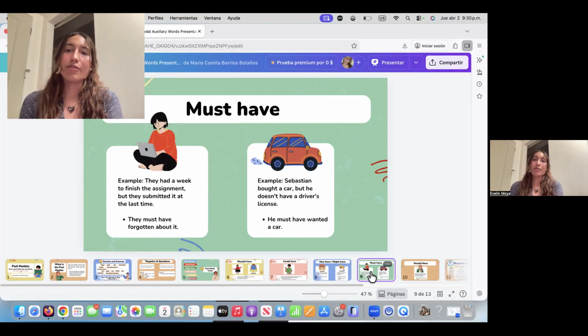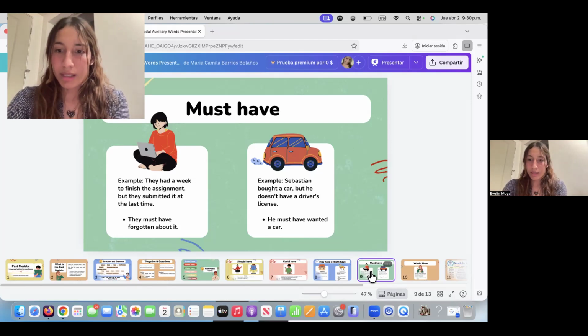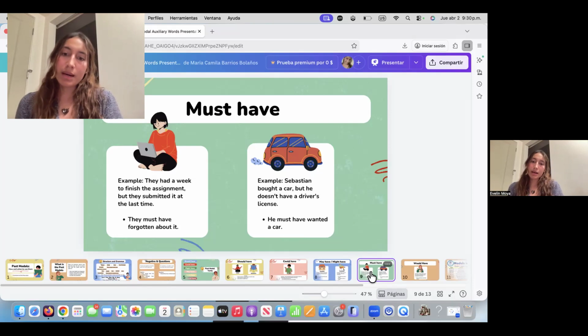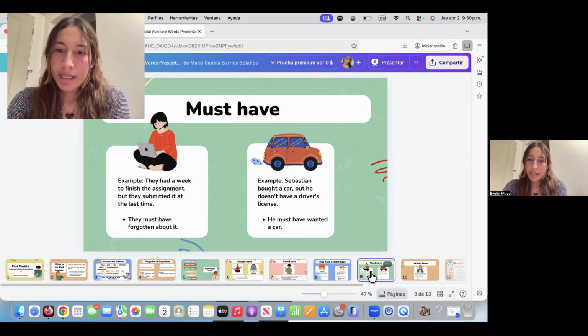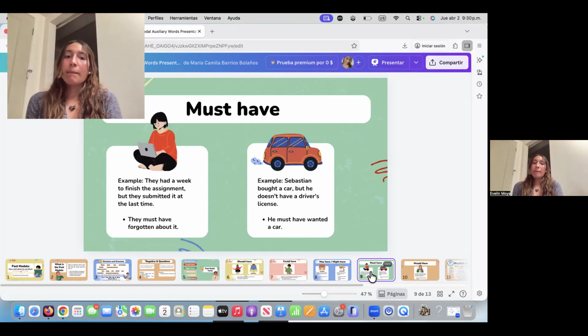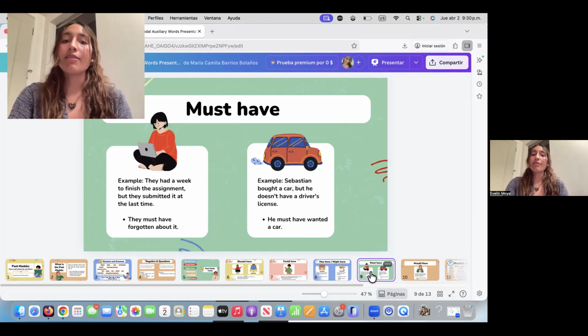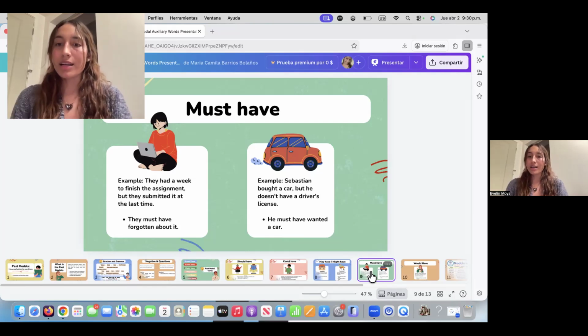So they must have forgotten about it. Another example here is Sebastian bought a car, but he doesn't have a driver's license. So he must have wanted a car.